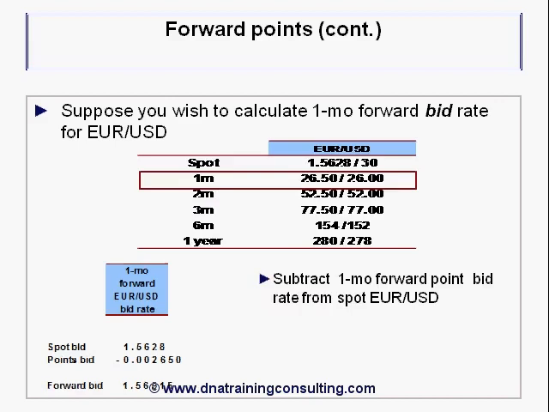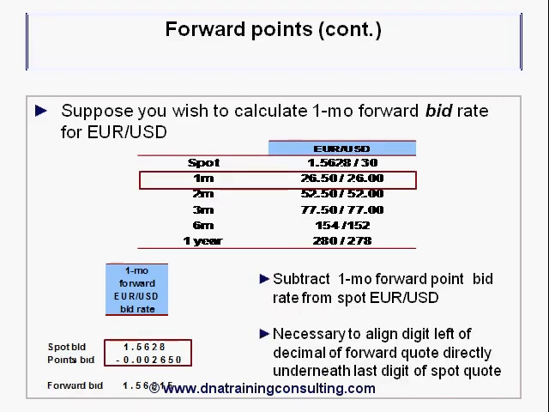It is necessary when doing so to align the digit to the left of the decimal of the forward points quote directly underneath the last digit of the spot quote, as you can see here. In this case, the 6 from the 2650 must be aligned directly underneath the 8, the last digit of the 1.5628 quote. This yields a forward bid rate of 1.56015.